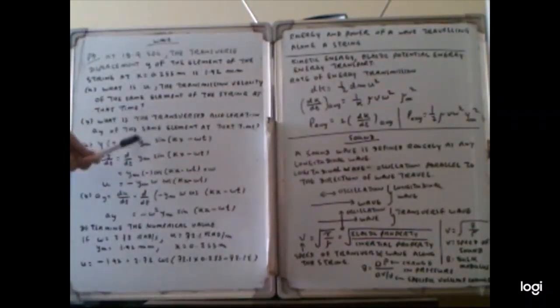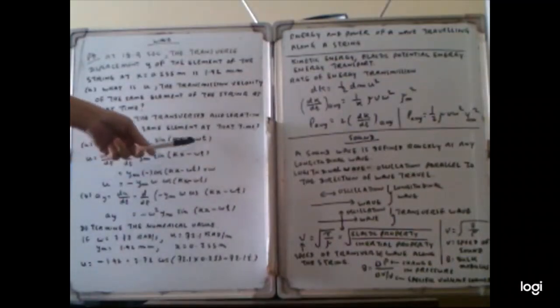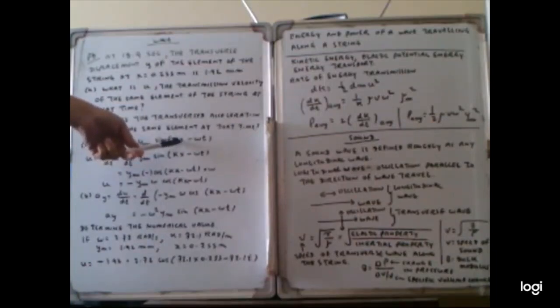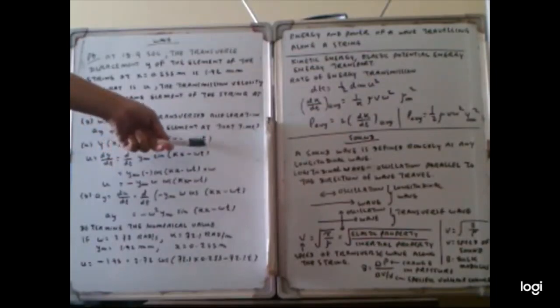In this case, the vertical amplitude is ym, k is the wave constant, omega is the angular frequency, x is the horizontal position, and t is the time. So y(x,t) is the amplitude ym, the maximum amplitude, multiplied by the sine of the wave constant k times the horizontal distance x, minus angular frequency omega times time t.